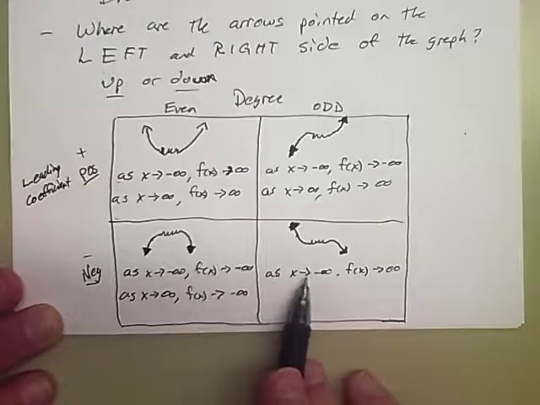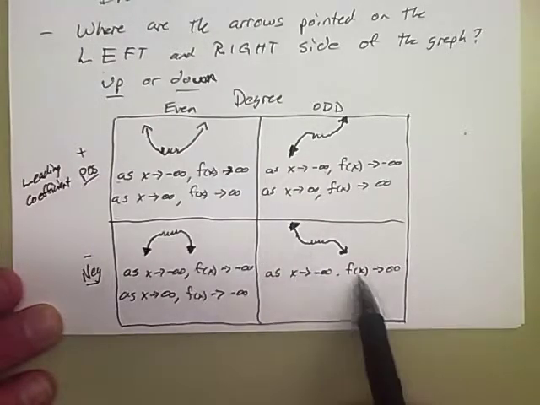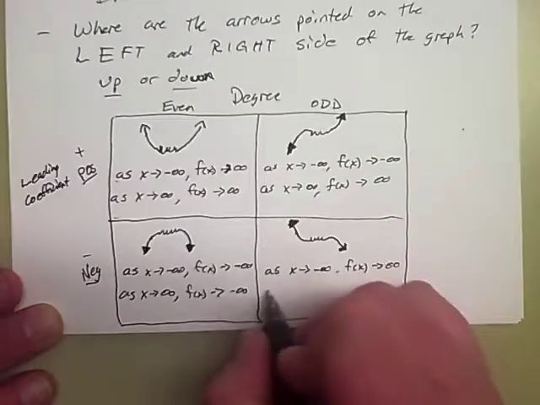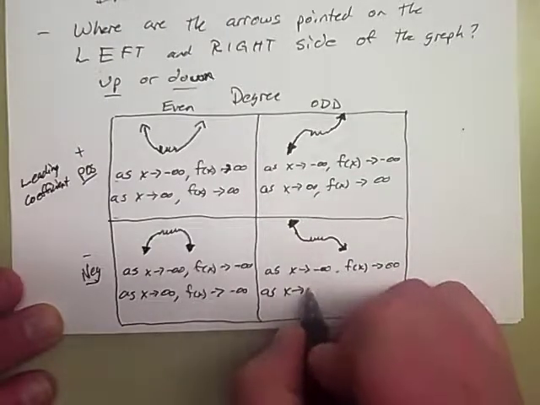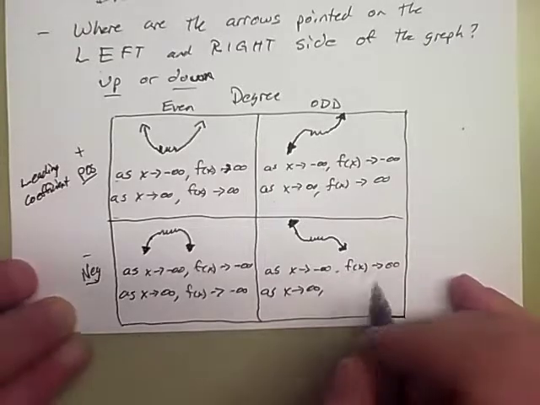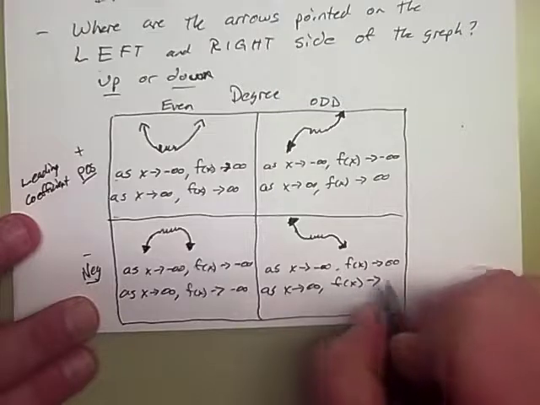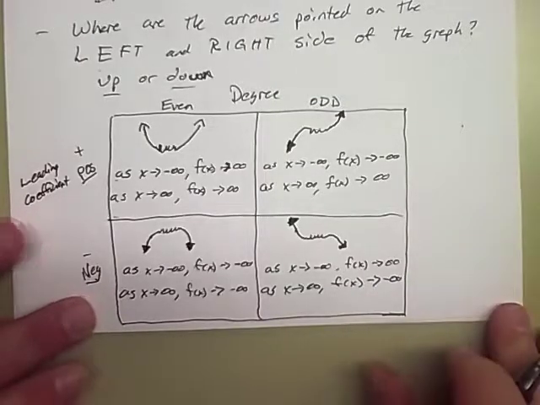As x approaches negative infinity to the left, the y values are going up. As x approaches positive infinity, my y values are pointed down.